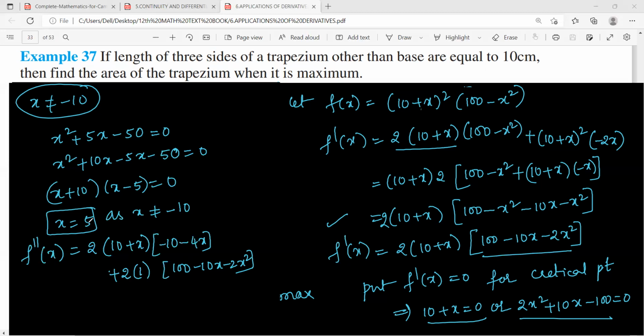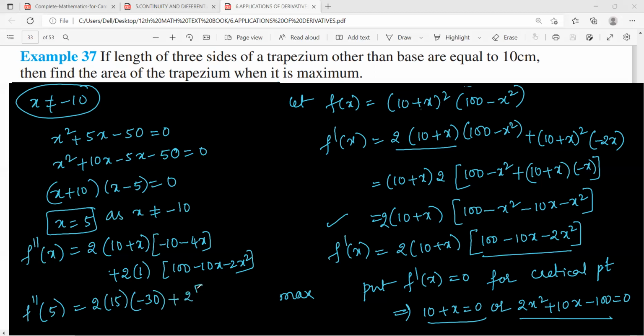Okay, f double dash, now you have to substitute 5. Substitute f double dash of 5. This is 2 into 15 into (minus 10 minus 20), which is minus 30, so this total is negative.